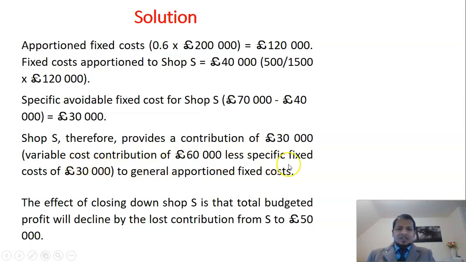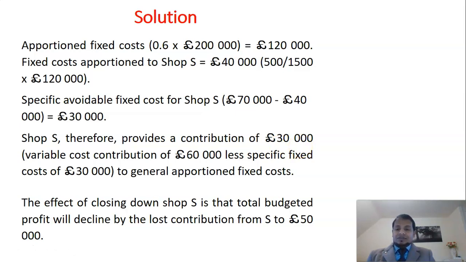Contribution of 60,000 less specific fixed cost 30,000. All right. So 60,000 minus 30,000 avoidable fixed cost, which is relevant. So 30,000 is the remaining contribution of the division S.